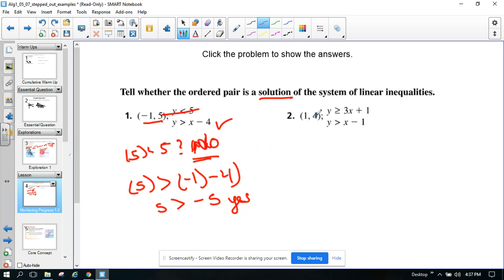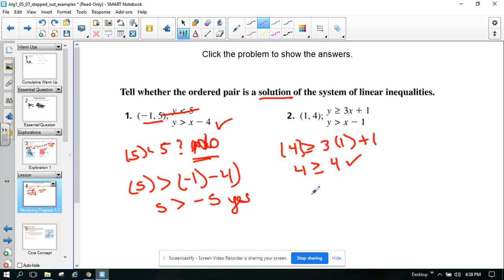Same thing here. You can graph these. Take a minute, stop this video, graph these, see if this point matches, or algebraically we can plug them in and see if it works. So in my first equation, if I substitute the y as 4 and the 1 for x, is 4 greater than or equal to 4?